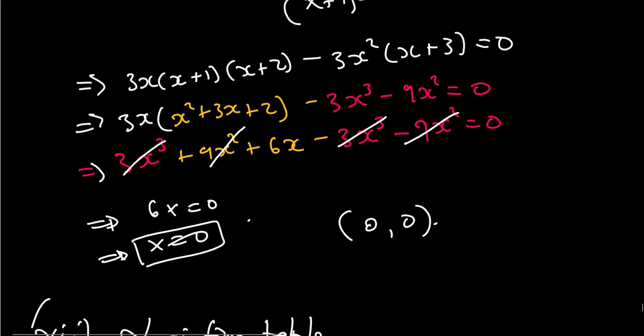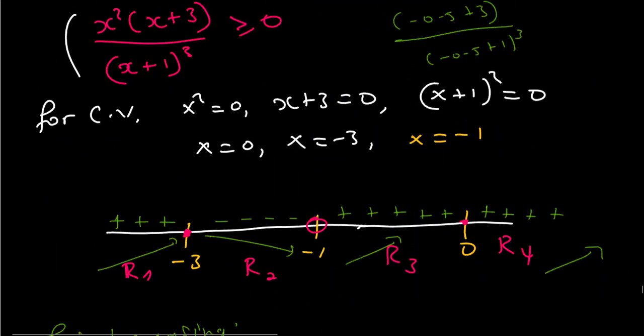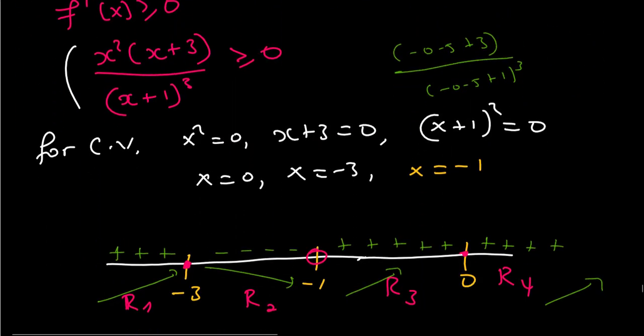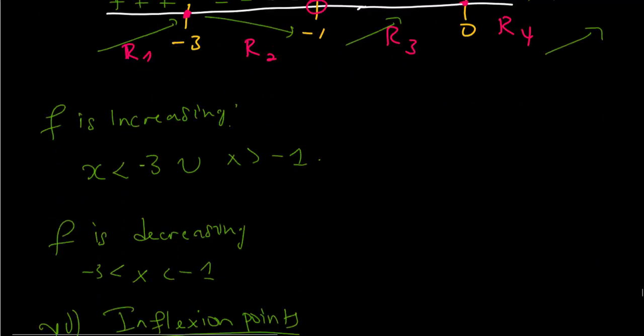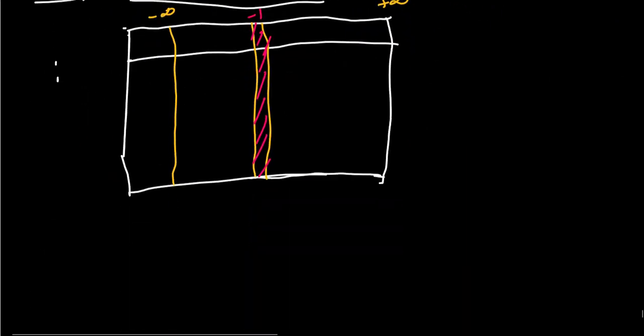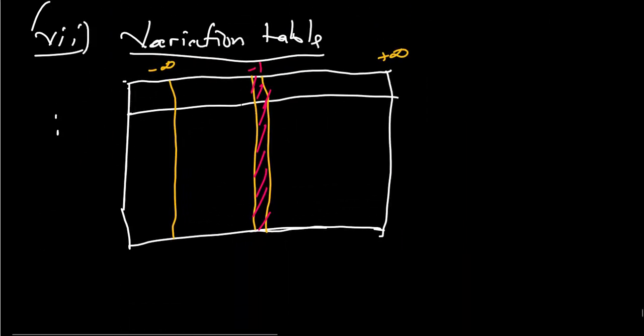Now we had the turning point, our stationary point, which occurred at -3. So I'm going to include the critical point -3 inside here.